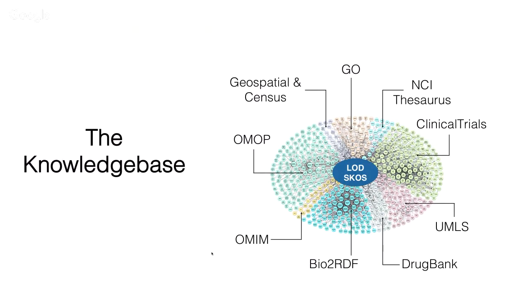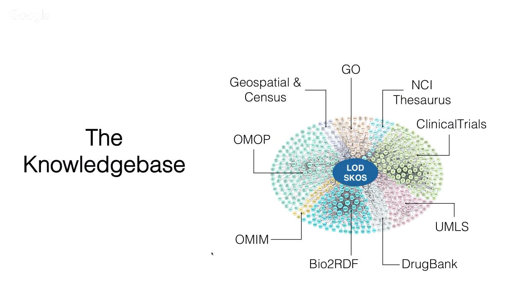Now let's take a look a little bit into the architectural components that I briefly introduced. Of course, we have a knowledge base. That's the core brain, basically, behind the system. Currently we have over 1.5 billion triples in the knowledge base.